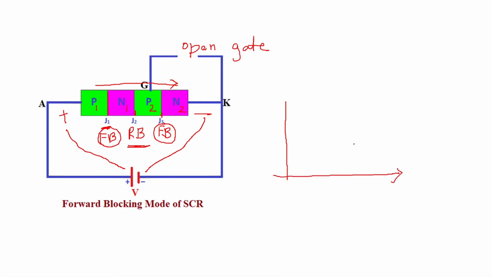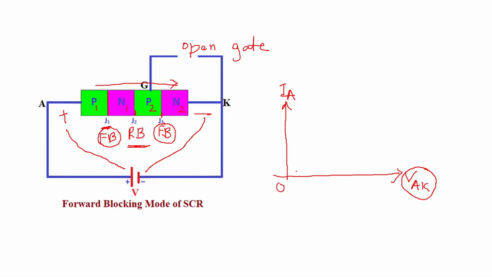The graph will be between the voltage VAK and the anode current IA. Here the voltage VAK will not be the applied voltage, it will be the voltage across the SCR. And this will be the anode current which is flowing through the SCR. So this is your 0 point.